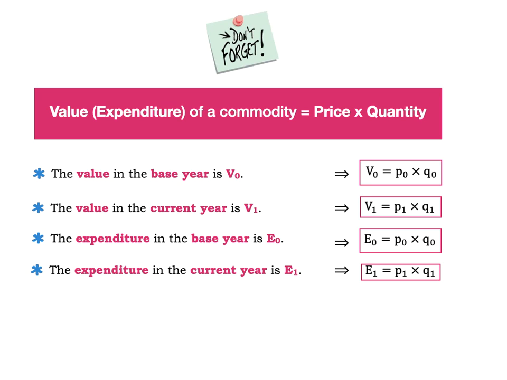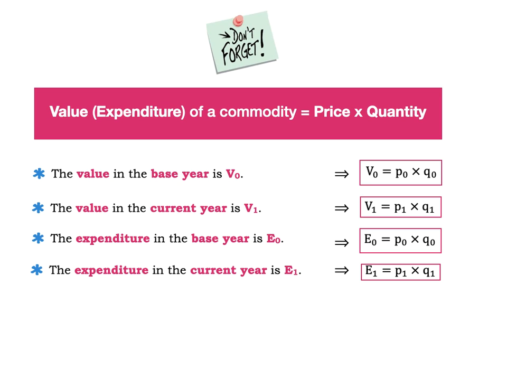Continuing with some more important notations, we have the value of a commodity, which is also called the expenditure of a commodity. And the value or expenditure of a commodity is equal to the price into the quantity. So let us learn what is the notation for the value in the base year. Value is denoted by V, and the base year is denoted by 0.